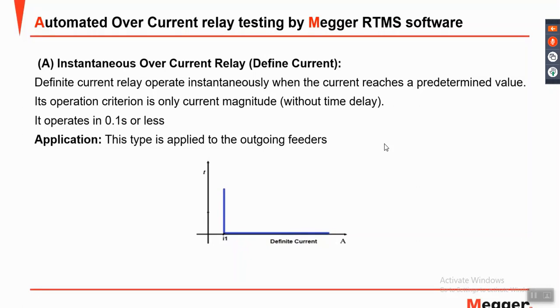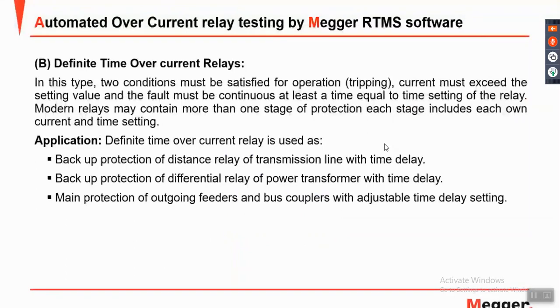We have it in so many places. Now, the definite time overcurrent is a backup protection, as I said. So when the current exceeds the value, it waits for another timer to give the output. So the logic here will have another timer to give me an output after a set time, and this is to allow the coordination for a backup protection.